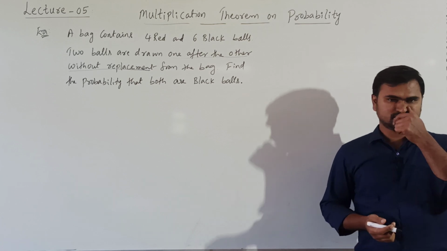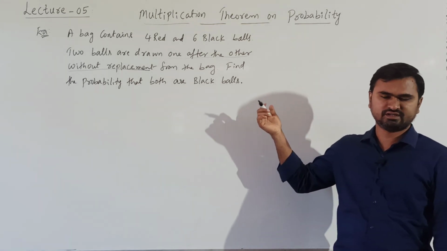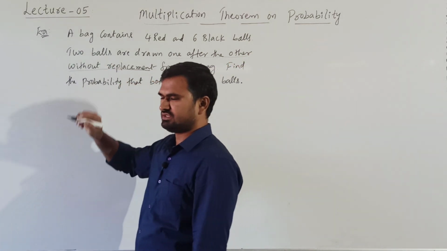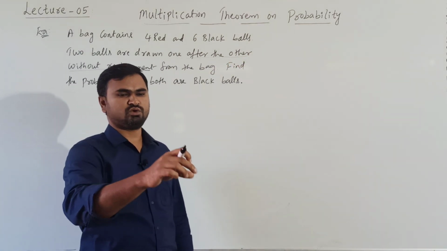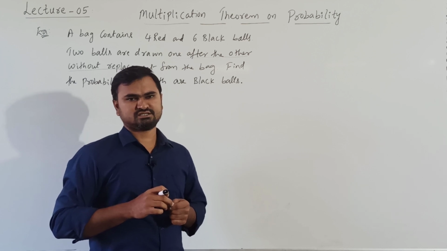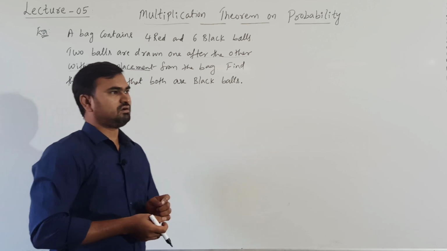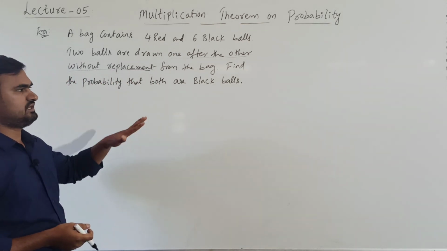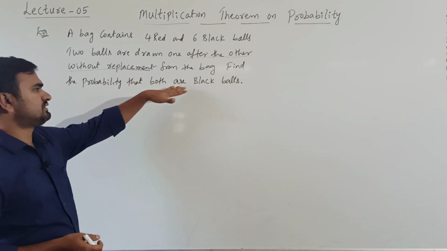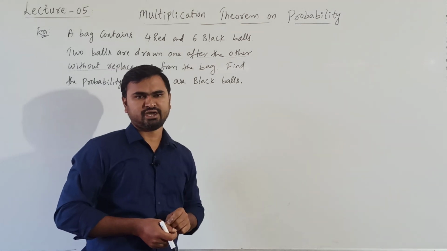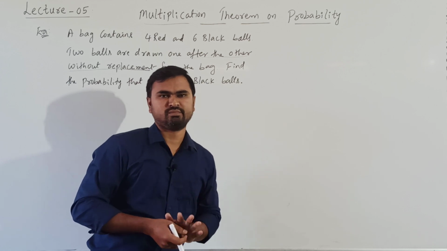With replacement, the method of solving will be different, so we will get different answers. Without replacement, first we take one ball, next without replacing, we take another ball from the bag. We are finding the probability that both are black balls, meaning the first one should be a black ball and the second one should be a black ball.